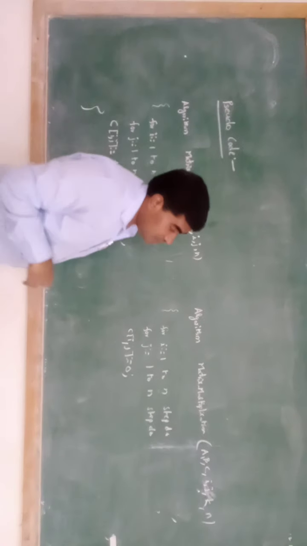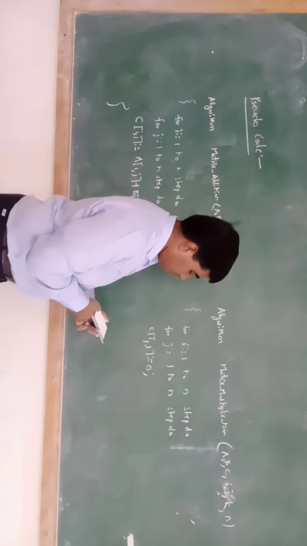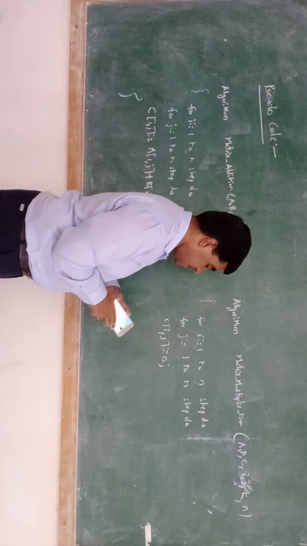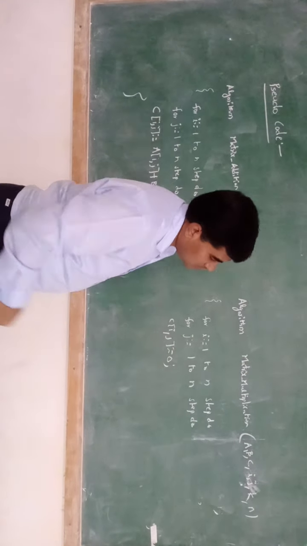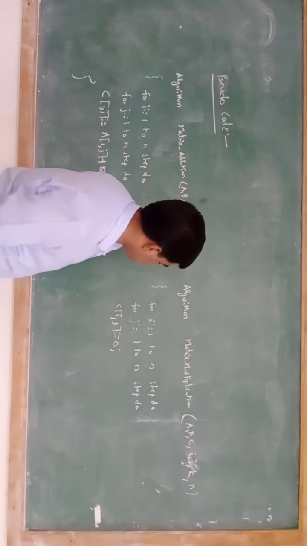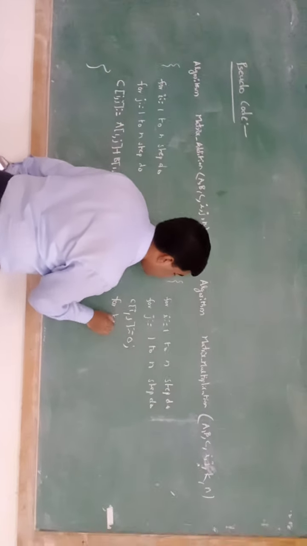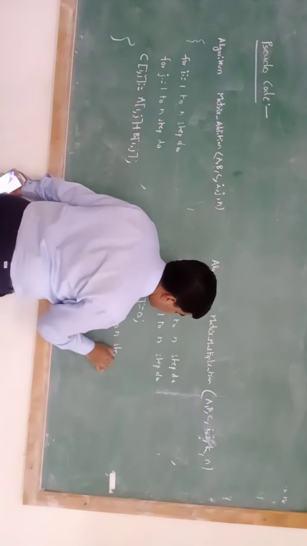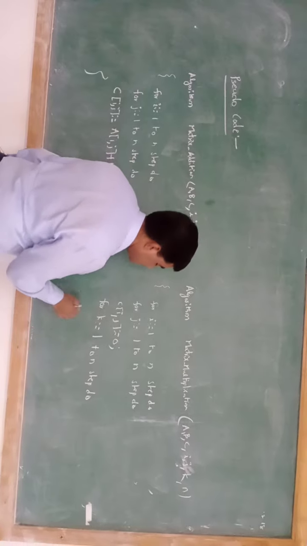And again here we have to use the one condition that the first matrix's number of columns should be equivalent to the second matrix's number of rows. So for that purpose we are using for k = 1 to n, step 2. Okay, so now we have to write the algorithm.